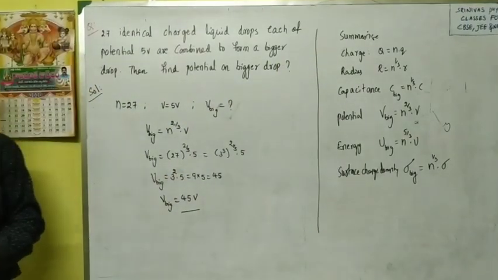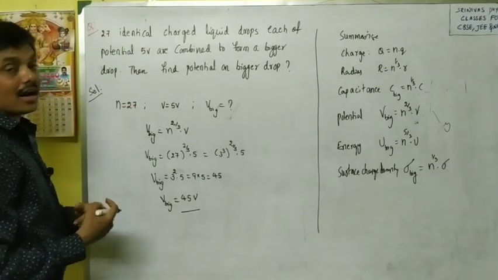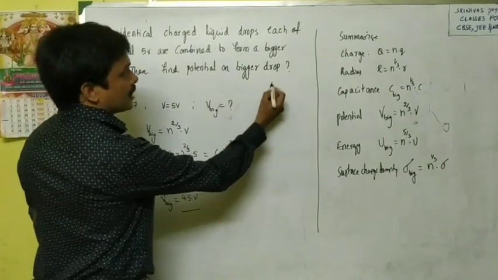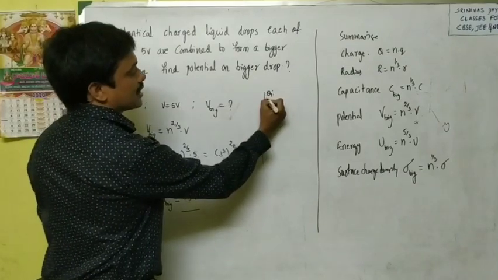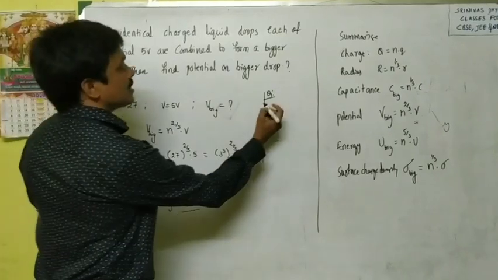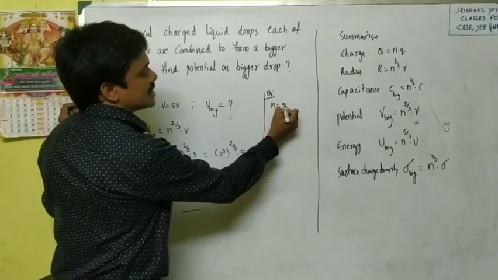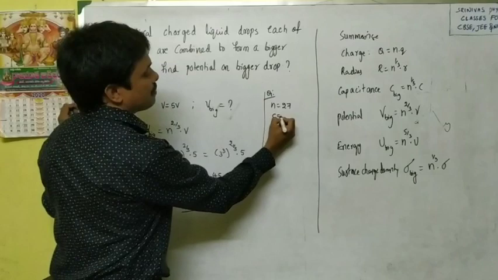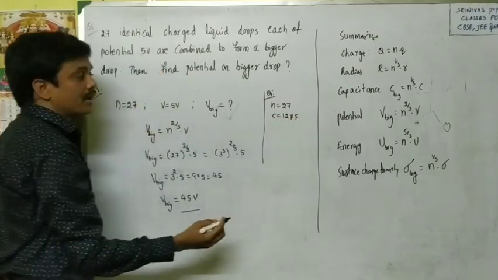Now the same question, if they ask to find the capacitance of the bigger drop, I will give one question and you can give the answer in the comment section. There are 27 drops, and the same 27 drops, each of capacitance 12 picofarad, are combined to form a bigger drop.